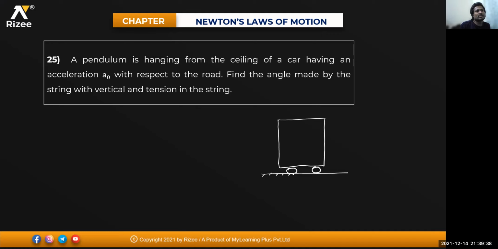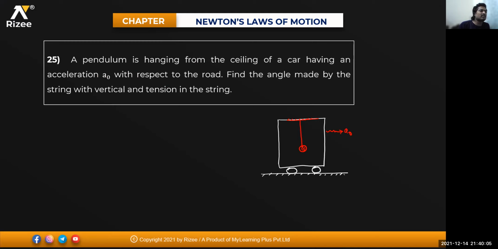So here this is the car, and there is a pendulum here. This body is moving with what acceleration? A0. A pendulum is hanging from the ceiling of a car having an acceleration a0 with respect to the road.